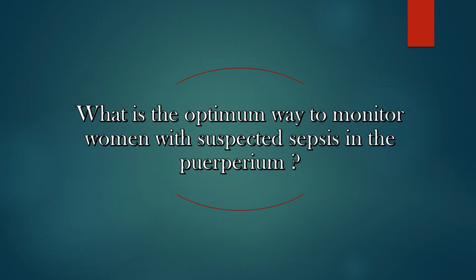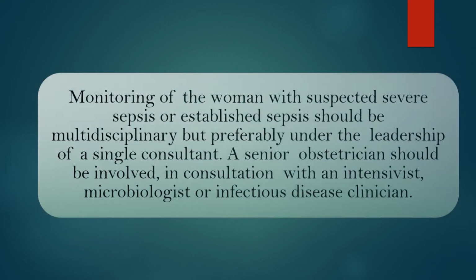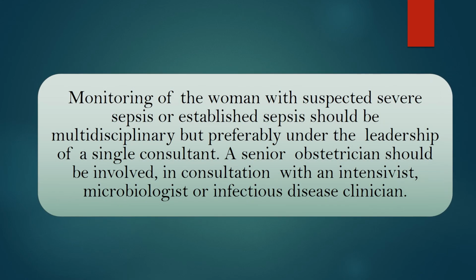What is the optimum way to monitor women with suspected sepsis in the puerperium? Monitoring of the women with suspected severe sepsis or established sepsis should be multidisciplinary, but preferably under the leadership of a single consultant.